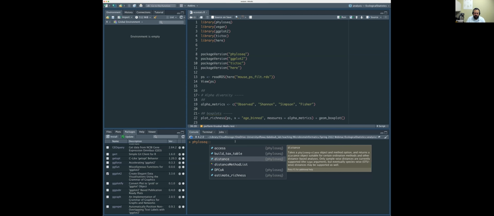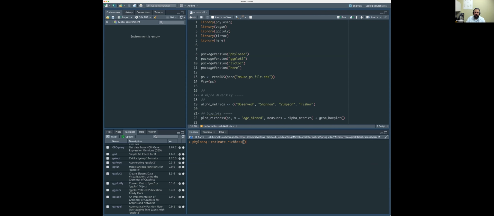So then I can go down and see estimate richness, and then I can call estimate richness specifically from the fileseek library regardless of what other functions are in the global function space. So this is the way you deal with masking: just prepend the library name and a double colon so that R knows that you're trying to call the function from that particular library.